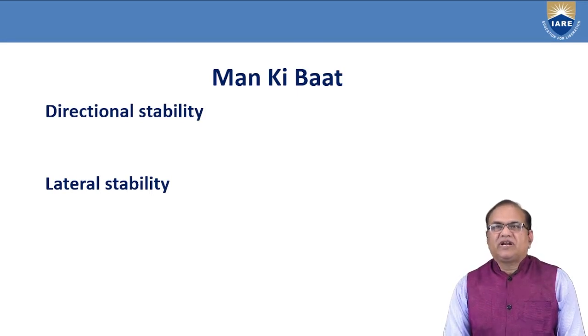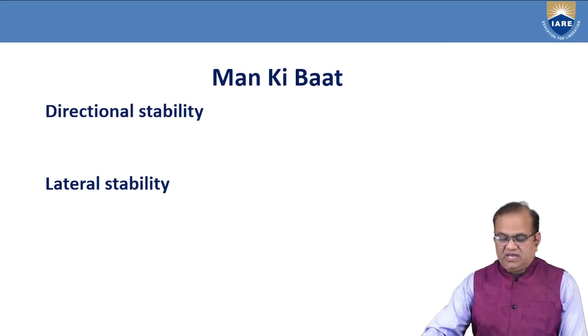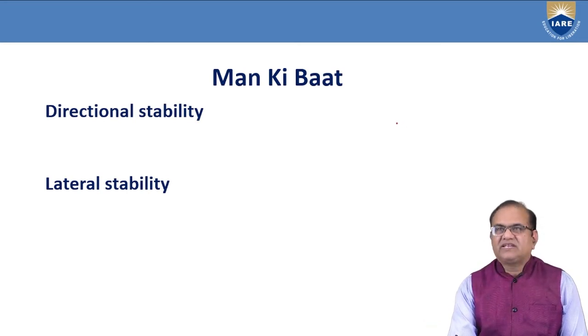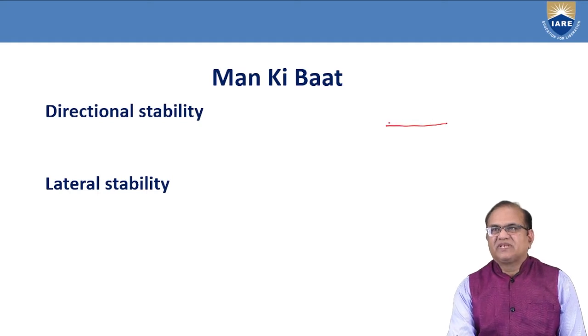Once we talk about directional stability, it depends upon the motion of the aircraft with respect to the vertical axis or the z-axis. If we see here that if this is the positive x direction, this is the positive y direction, and this is the positive z direction.